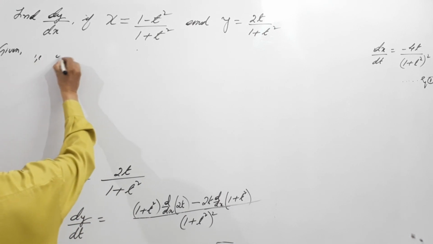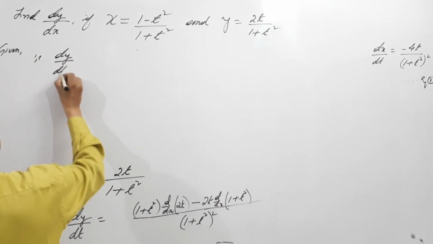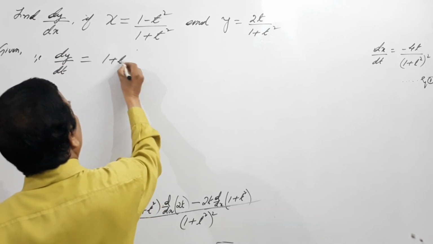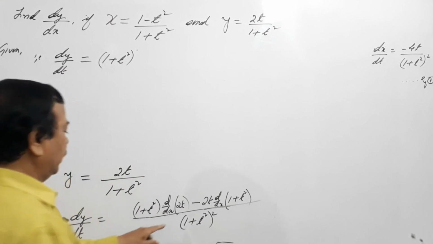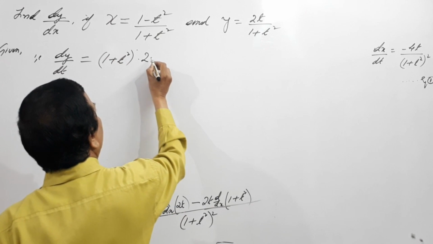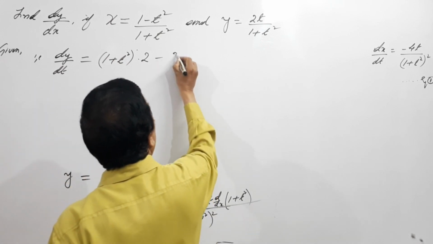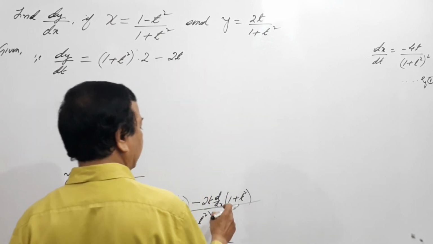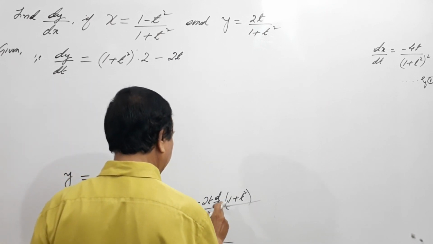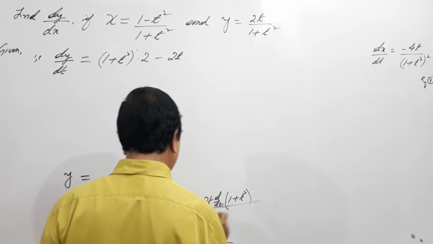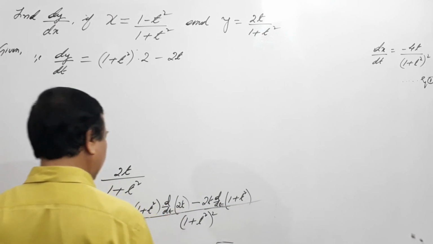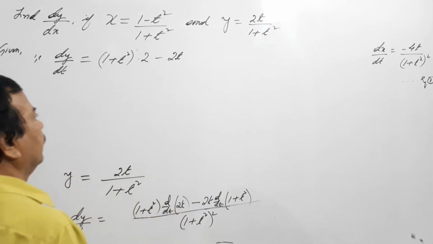That is dy by dt equals 1 plus t square, d by dt of 2t is 2, this becomes 2 minus 2t into d by dt, sorry, somewhere I make small mistakes.